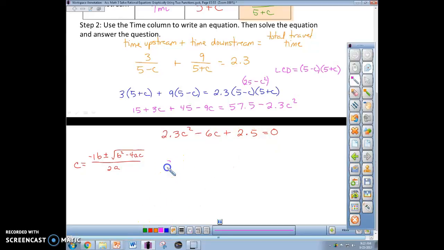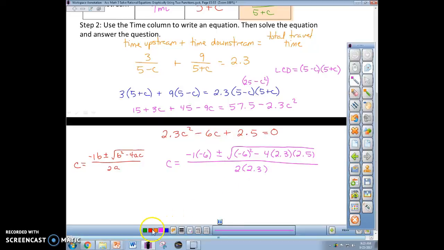So this gives us c is equal to -1 times -6 plus or minus the square root of -6 squared minus 4 times the a value of 2.3 times the c value of 2.5, all divided by 2 times the a value of 2.3.